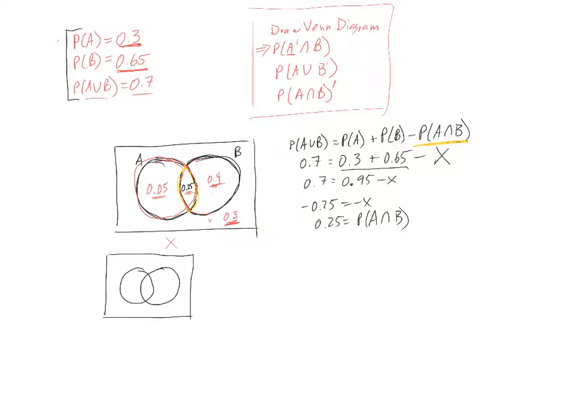So not A: this one is A, this one is B. So not A is everything outside of A, right? So I'm not marking anything that's inside of the A circle, but everything else is going to be marked. That's the not A. Now I'm going to mark the B. The B is everything that is inside the B circle. Now, what it wants is the intersection.